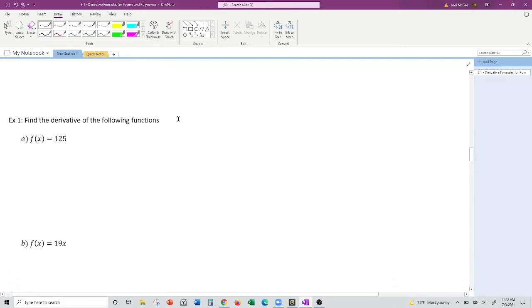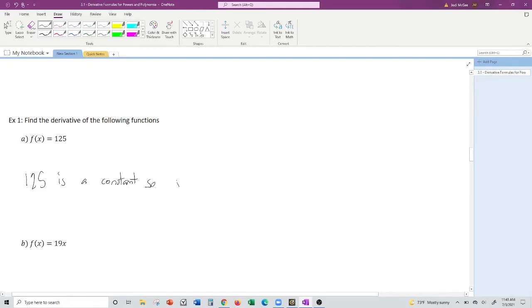So our first example asks us to find the derivative of the following functions. So here our first one is f of x is equal to 125. Alright, so what do we know about 125? 125 is a constant. So we know that the derivative of a constant must be 0.